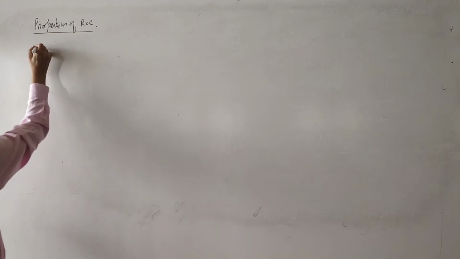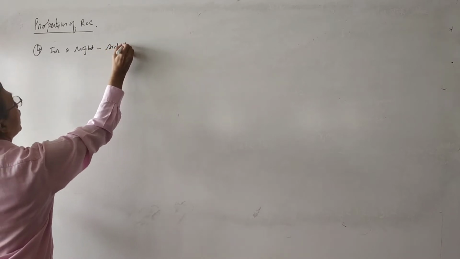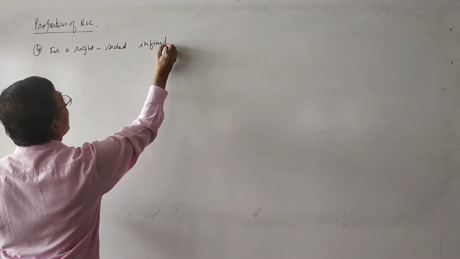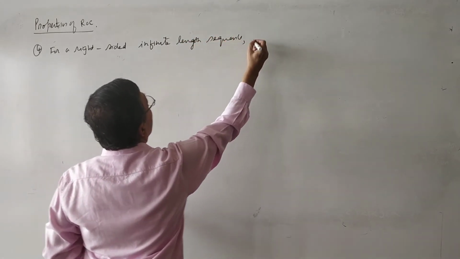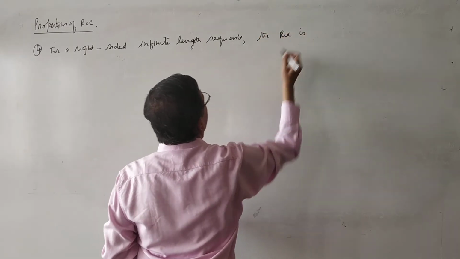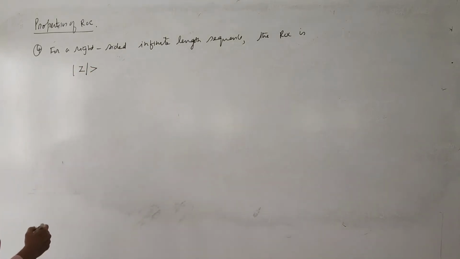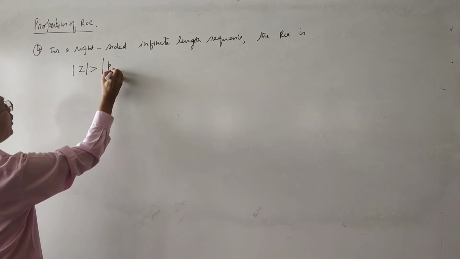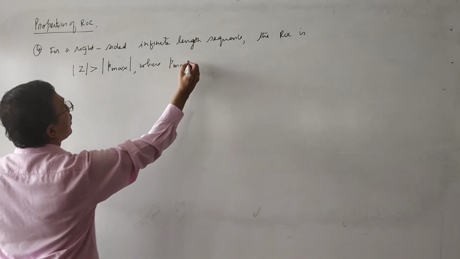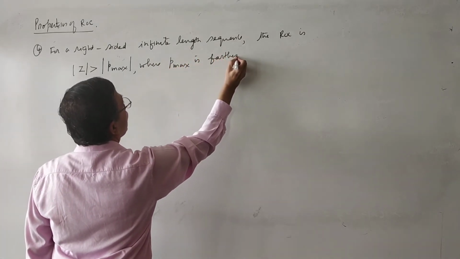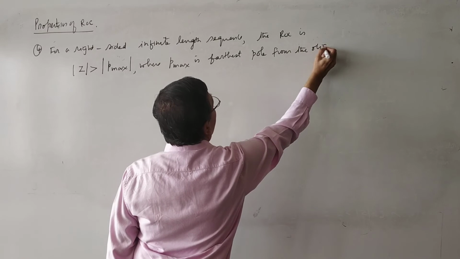Fourth one, for a right-sided infinite length sequence, the ROC is mod z greater than modulus of P max, where P max is the farthest pole from the origin.